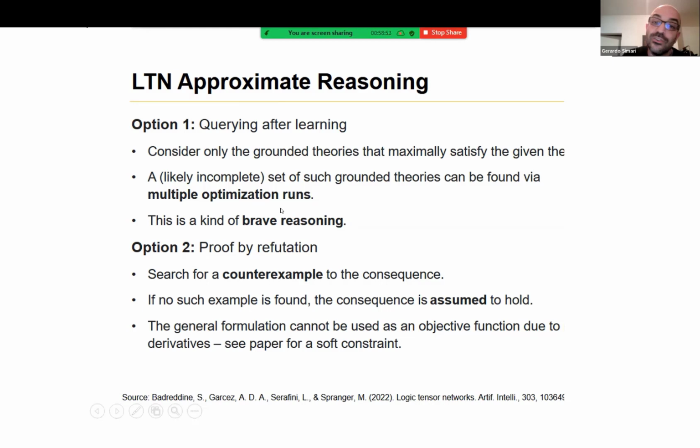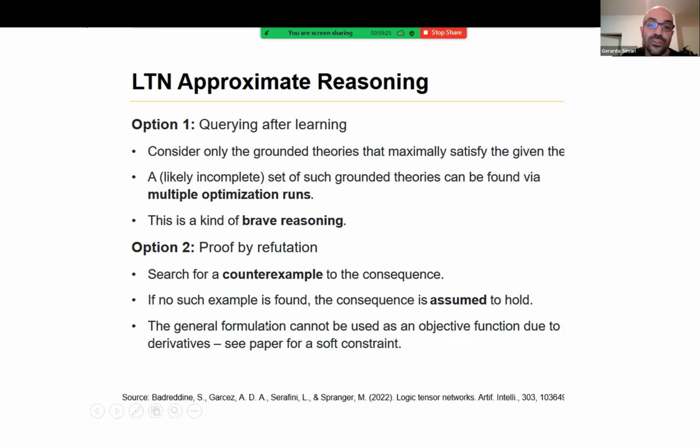We'll see how this can fail pretty easily in the next slide. And the other one, more closely related to how things are done in, for instance, logic programming or computational logic that's implemented, is proof by refutation, where you say, okay, I'll look for a counterexample to what I'm trying to say holds. And if I can't find it, I'll say that it's assumed to hold.